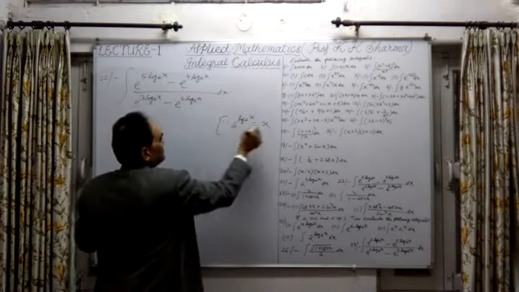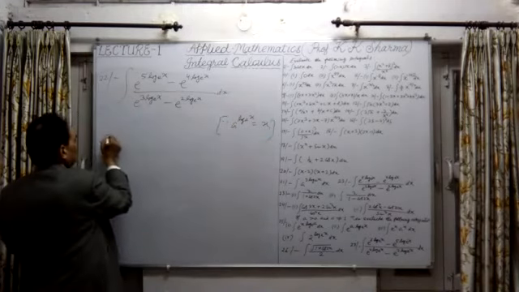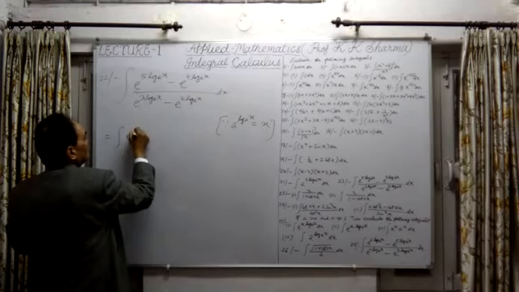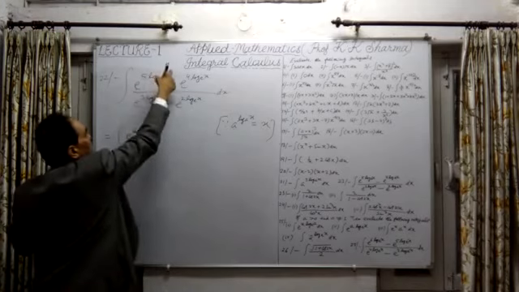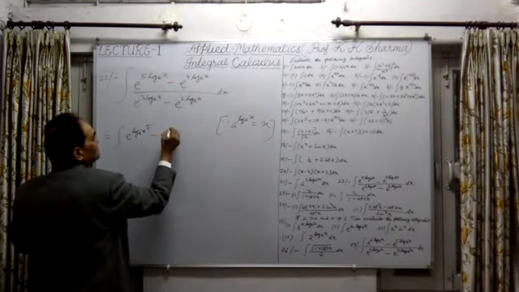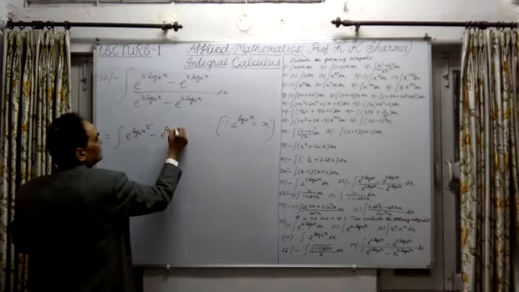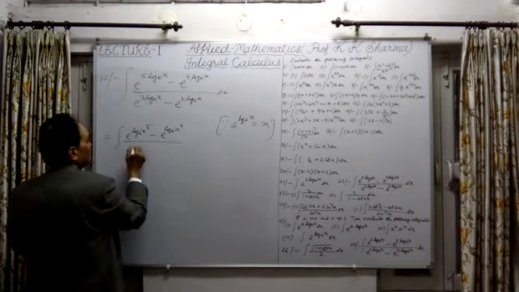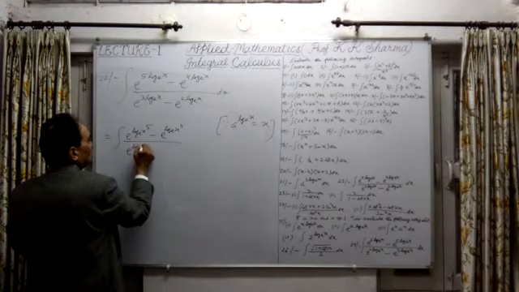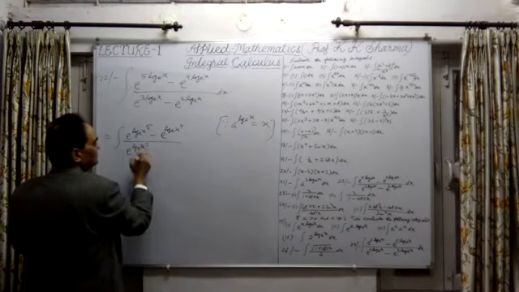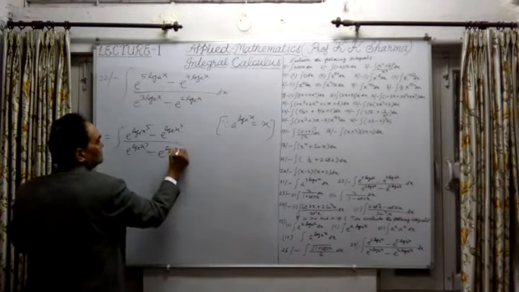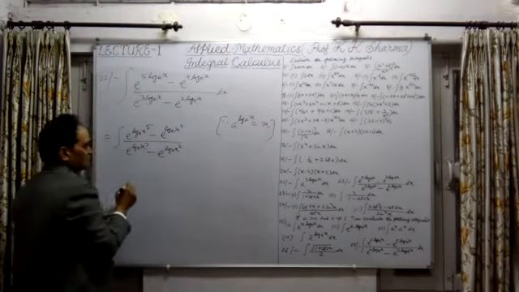Since we have to apply this formula here, we can write it as e raised power log of x5 to the base e, minus e raised power log of x raised power 4 to the base e, divided by e raised power log of x cube to the base e, minus e raised power log of x square to the base e.